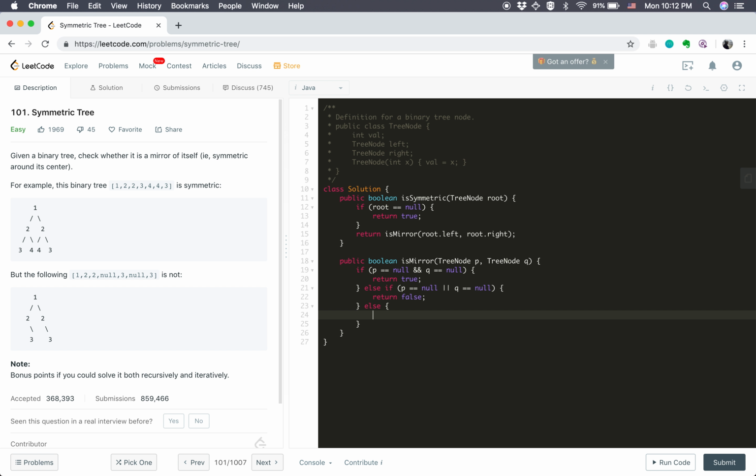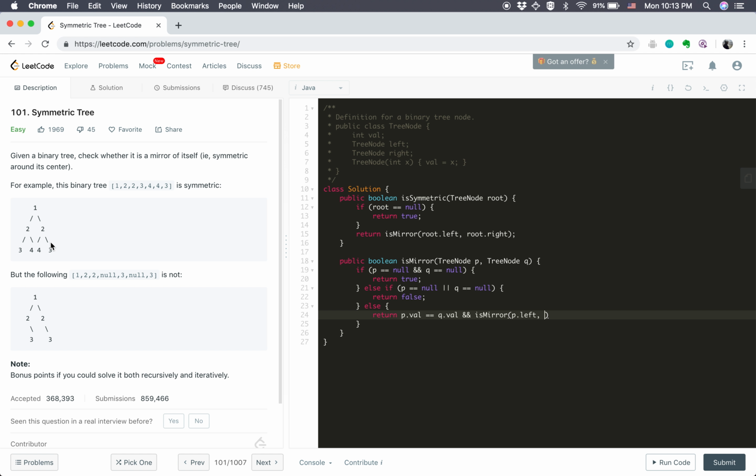To satisfy this requirement, the first thing we do is check p.value. We just return p.value. First, they need to equal each other: p.value equals q.value, and we do a recursive call isMirror on p.left.